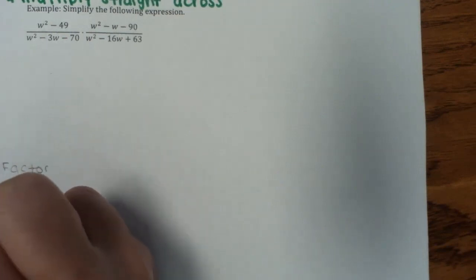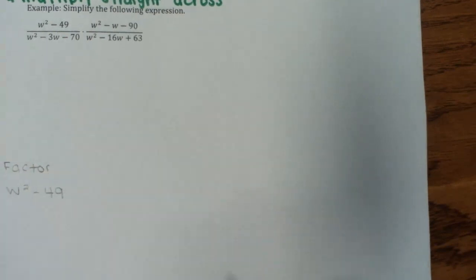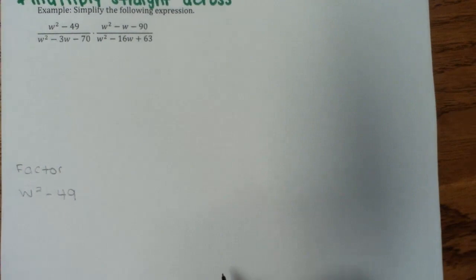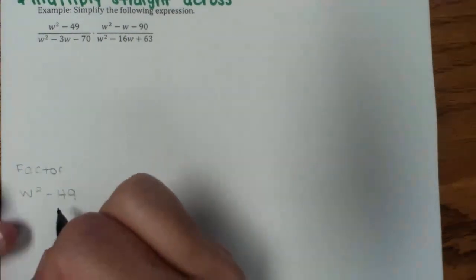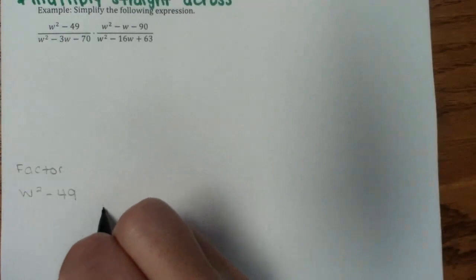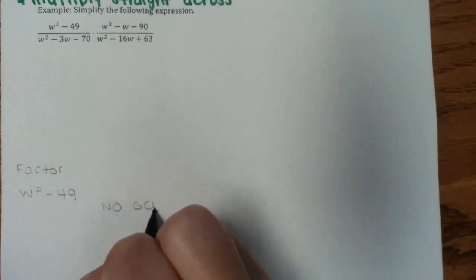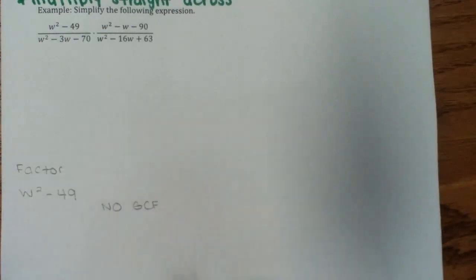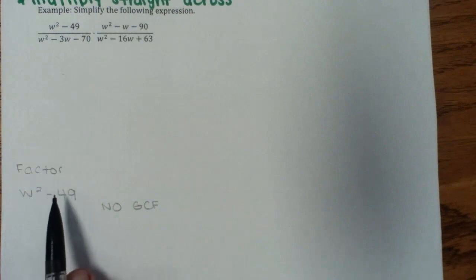W squared minus 49. Our first step in factoring every single time is GCF, but there's nothing that W squared minus 49 have in common, so no GCF. I do notice it is a difference of perfect squares. We are subtracting 2 perfect squares.